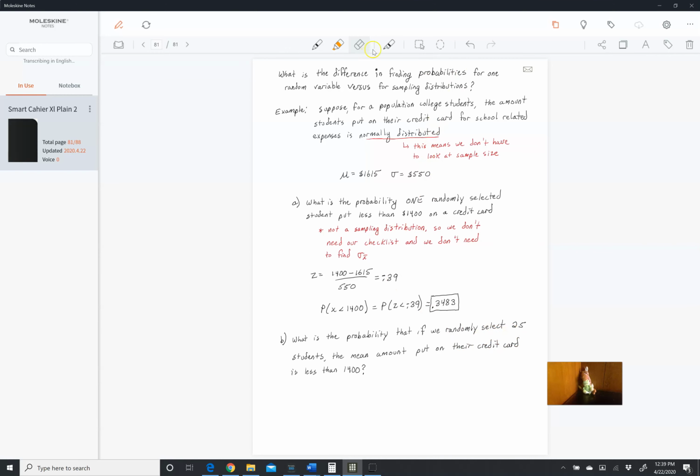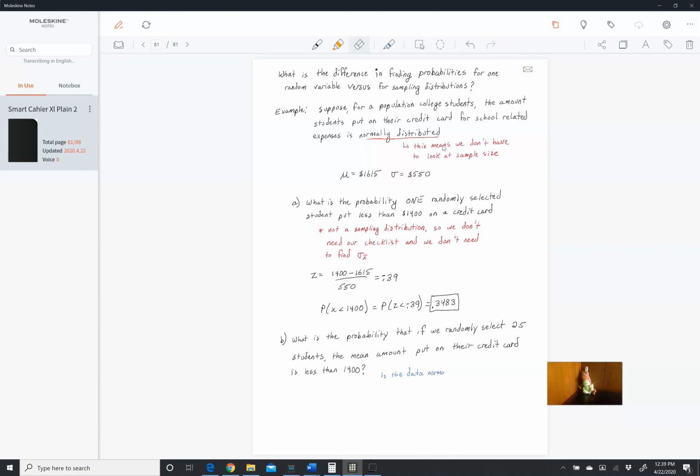We need to do our checklist here. Is the data normally distributed? The answer is yes, it told us that. That was the part at the top here. It means we don't have to look at sample size, so we already answered the question.